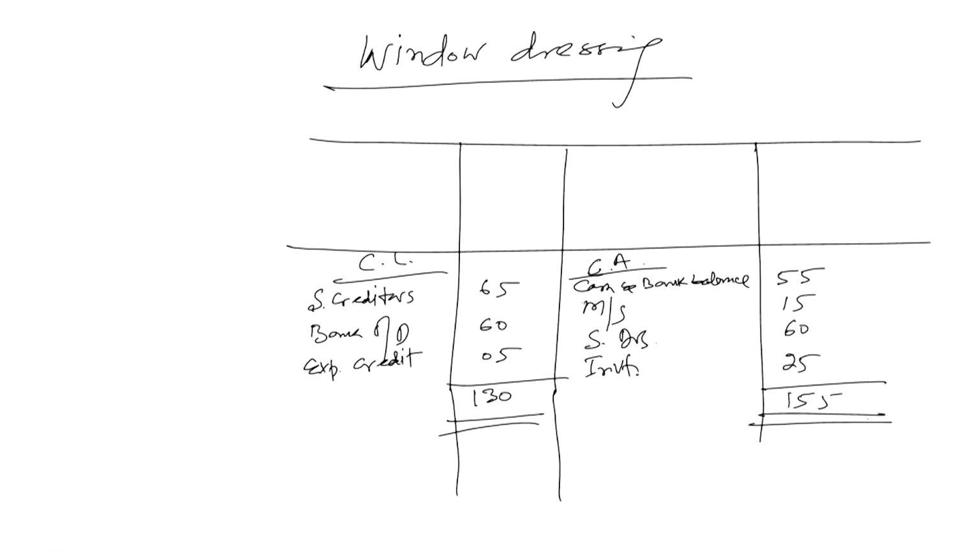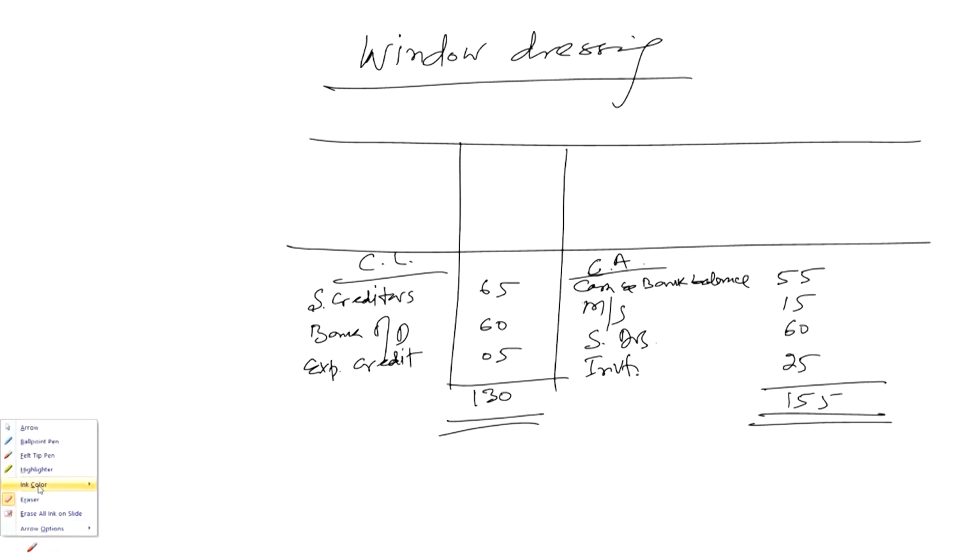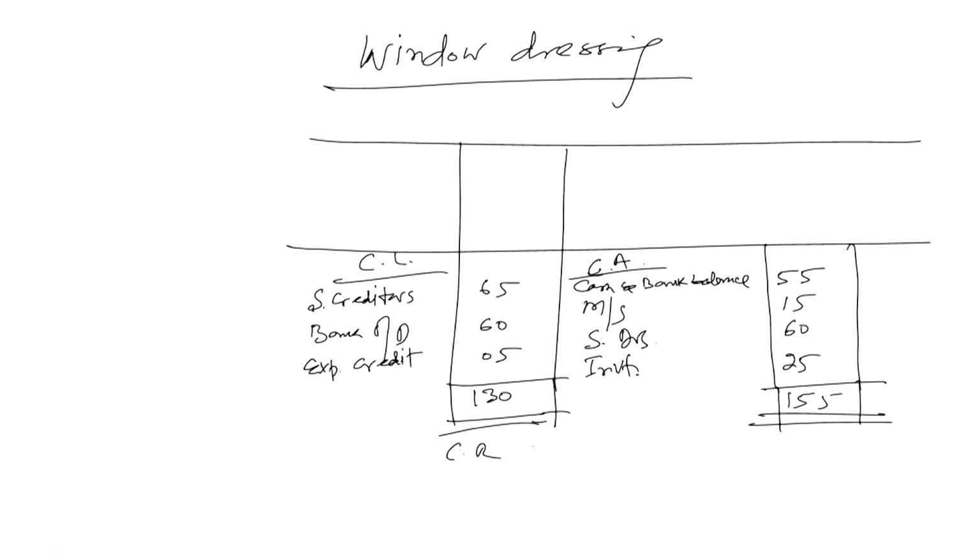From this balance sheet you now calculate the current ratio. What is the current ratio if you calculate from these figures? The current ratio will be 155 divided by 130, which is 1.19:1, right.